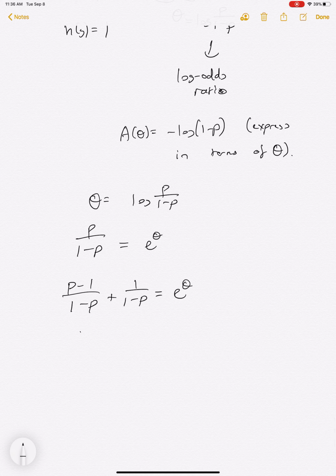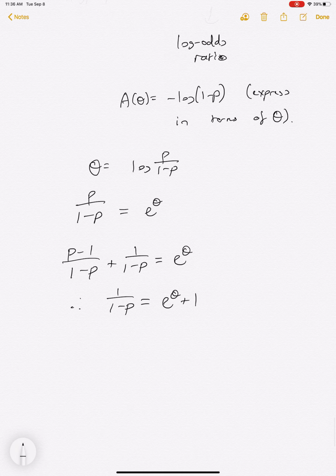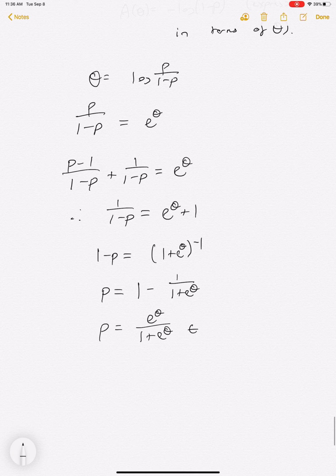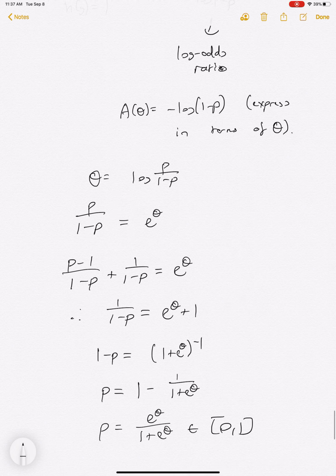So whenever you're trying to get an expression, the best thing to do is to try to get p all on its own, and so then what we get is that p is equal to e to the theta over 1 plus e to the theta. Okay, and so notice that this is clearly going to be between 0 and 1, which is what we expect.